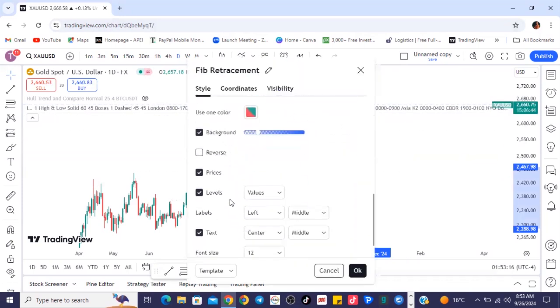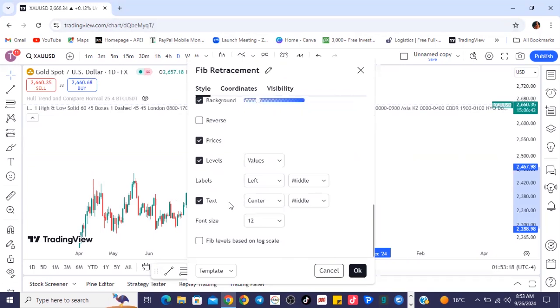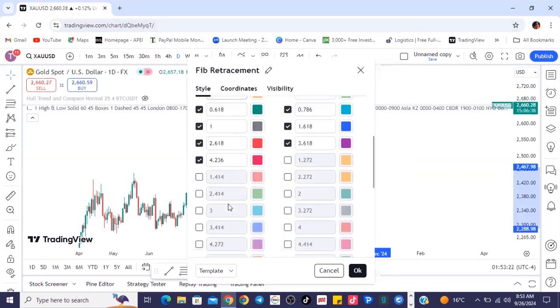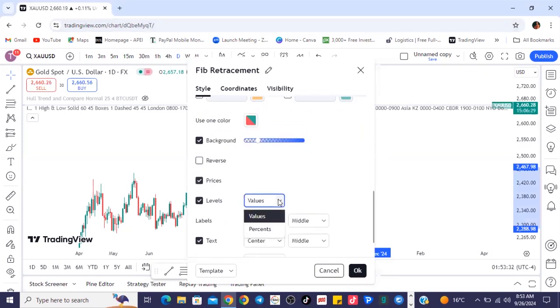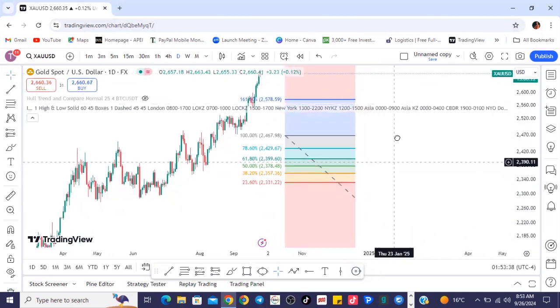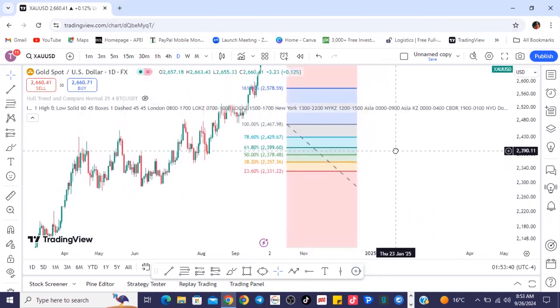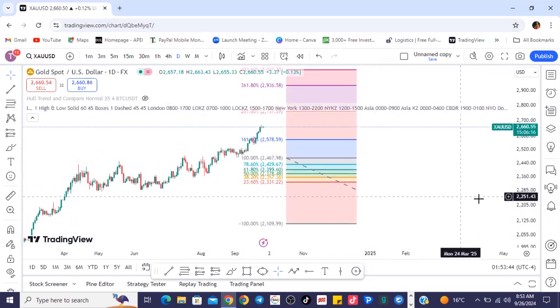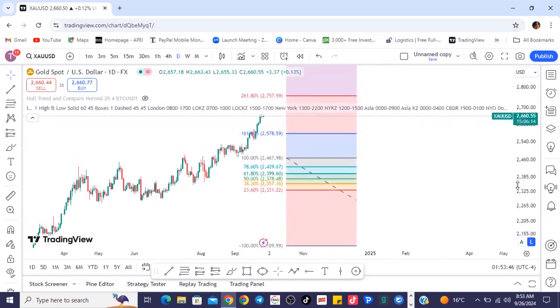When you want to change it to percentage, this is where you come and change. You come to the labels, then you put percents, and now it will show you the percentage. These are the percentage forms, how it looks in terms of percentage.